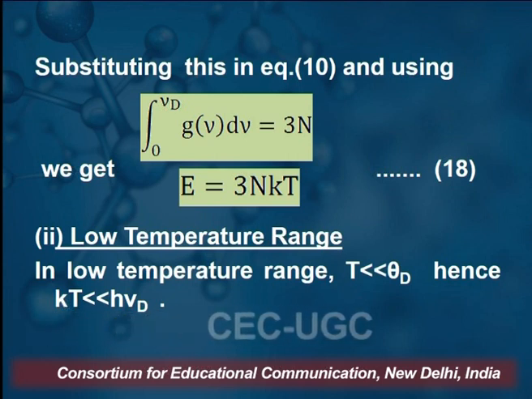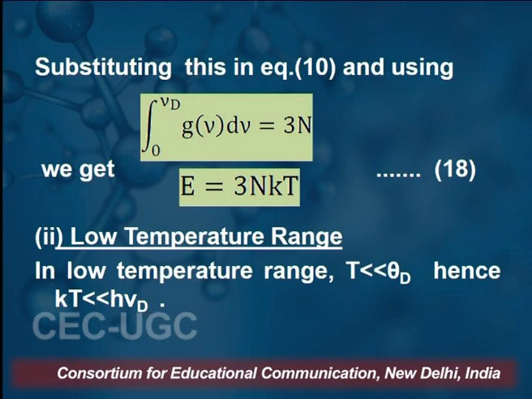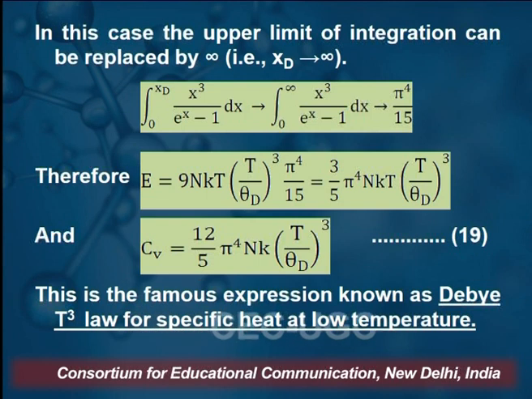In the low temperature range, T will be very much less than theta d, so kT will be very much less than h nu d. This means I can replace the upper limit of the integral by infinity. So, the integral takes the form of pi to the power 4 by 15.